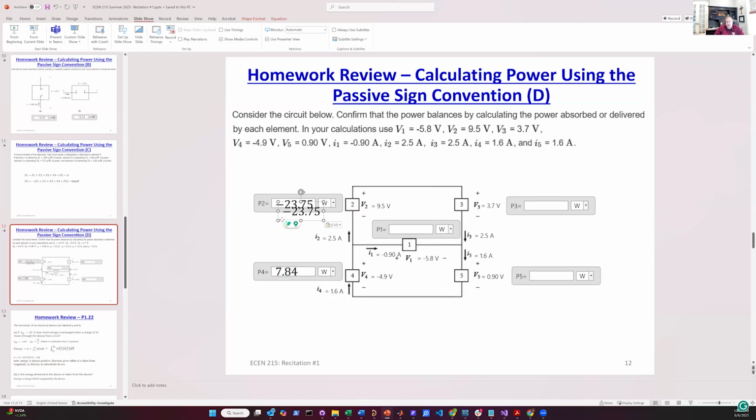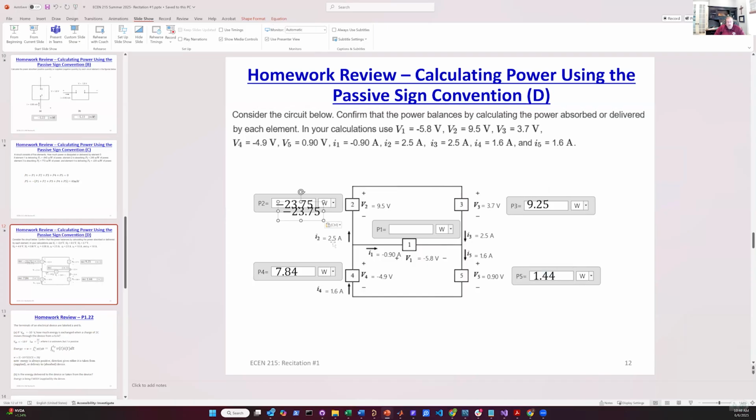Power 3 over here, we'll do this one next. It's 3.7 times 2.5, because both of them are positive. So 3.7 from positive to negative, and the current is going from positive to negative, and we end up with 9.25 watts. Number 5 is positive to negative 0.9 volts, and 1.6 amps going in the positive terminal, and we end up with 1.44 watts.